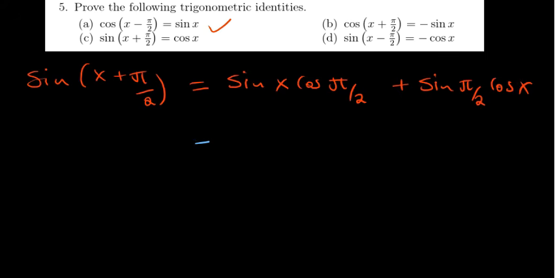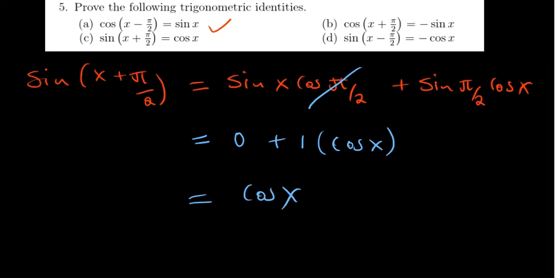So sine x, cosine pi over 2 still remains a 0, right? Cosine 90 is a 0, so we have a 0 again, plus sine pi over 2 is a 1, cosine of x remains. So 1 times cosine of x is just cosine of x. Okay, we're good.